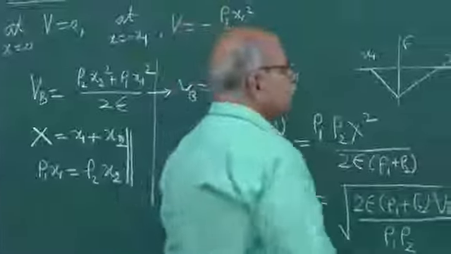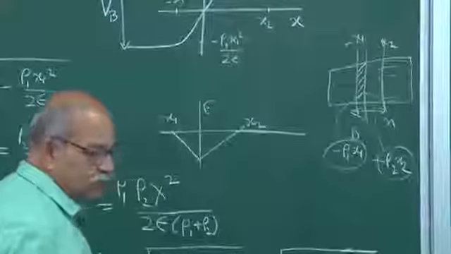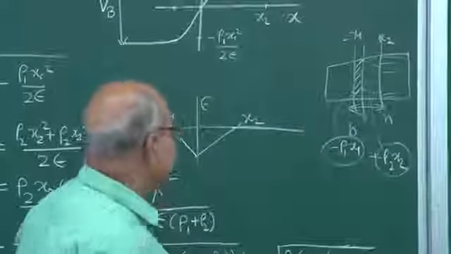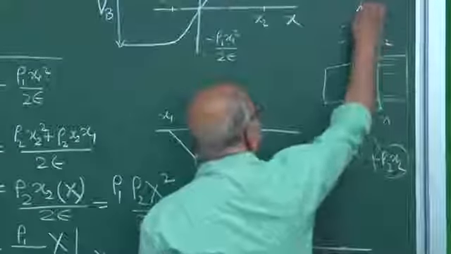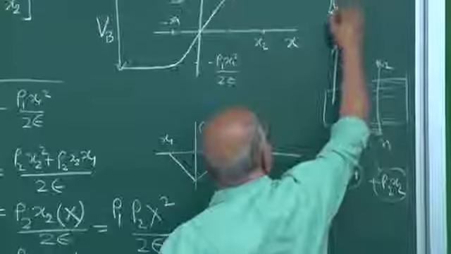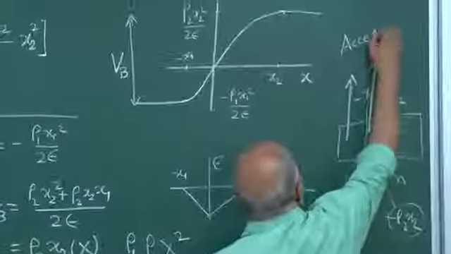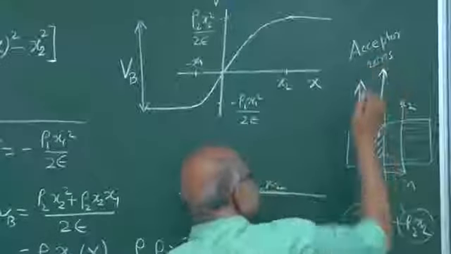Because how are you getting charges in the depletion layer? In the depletion layer you are getting charges because you have put impurities. This is p side, so you have put acceptor impurities. Acceptor ions are there, right?